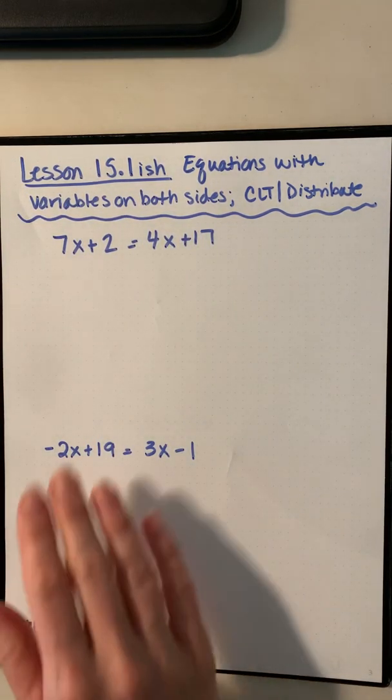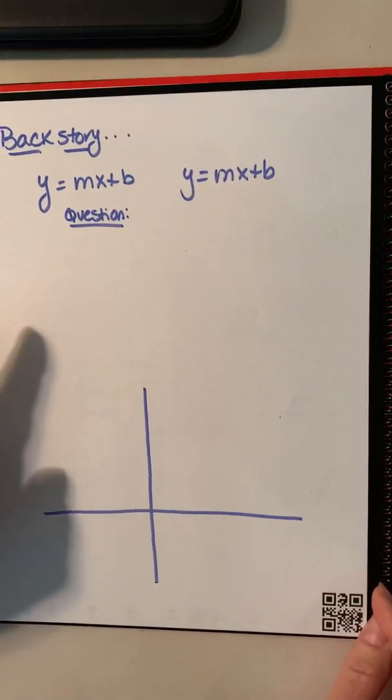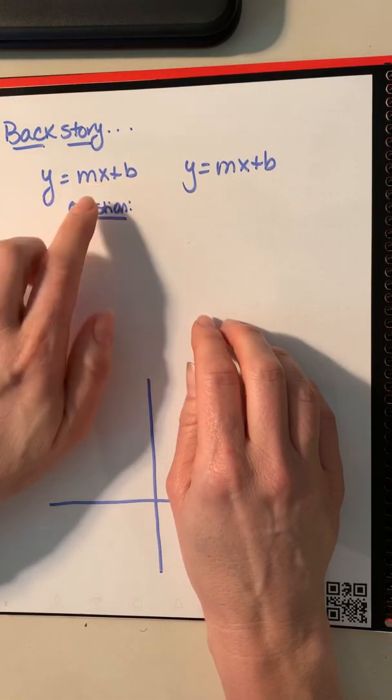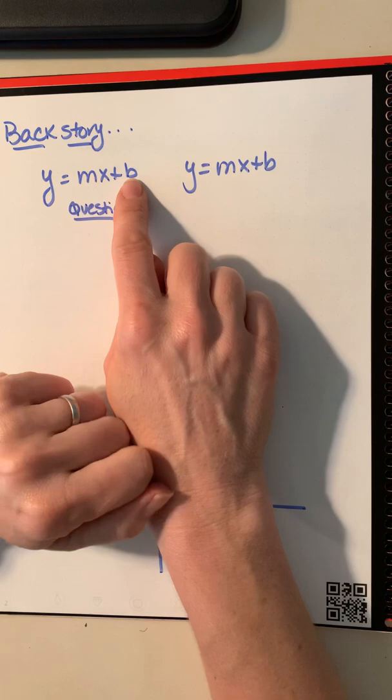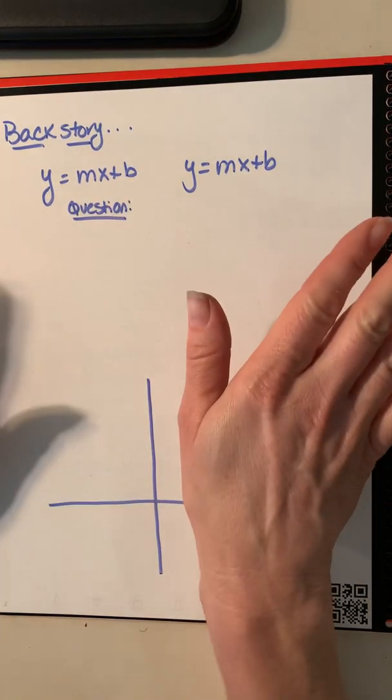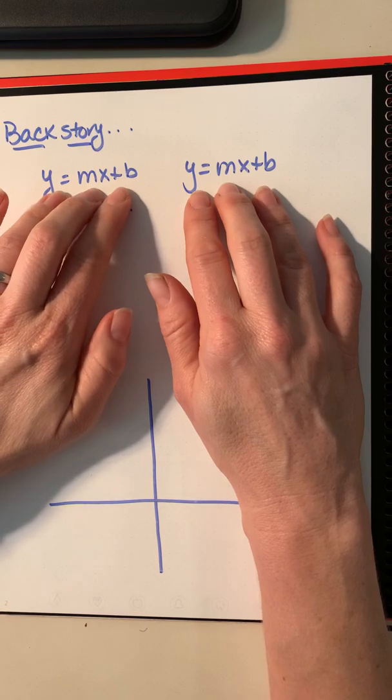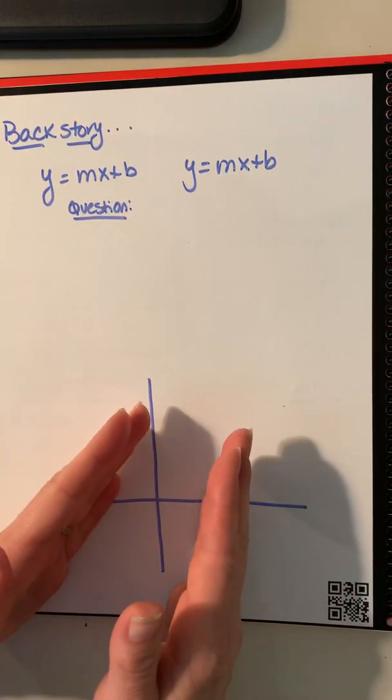So before I move on to these notes, I want to look at the backstory based on what we know, okay? So we know that we've got y equals mx plus b, m is our slope, and b is our y-intercept. We already know that, okay? And if I have two of these linear equations, I can put them both on a graph.